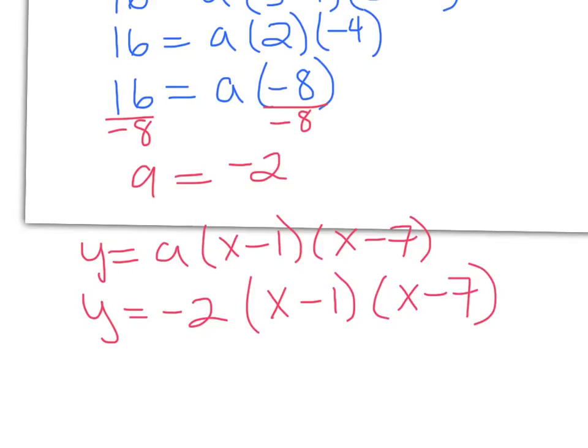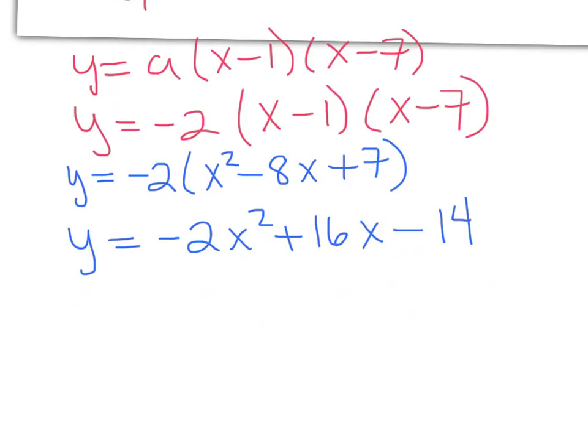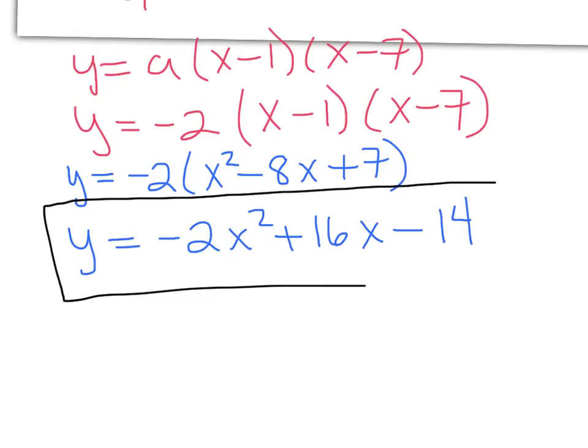And we need to actually multiply this through and simplify it and get it into our standard form. So why don't you press pause and give this a try, and I will reveal in a moment. So here we have it. Now we've got the equation in standard form, and this will be your final solution.